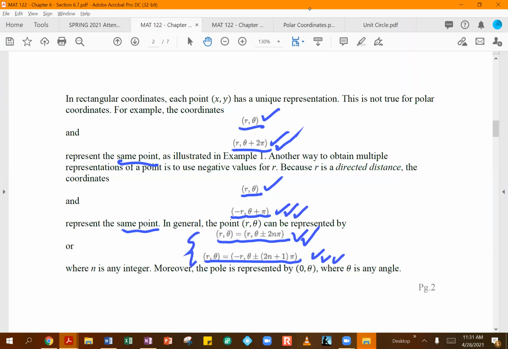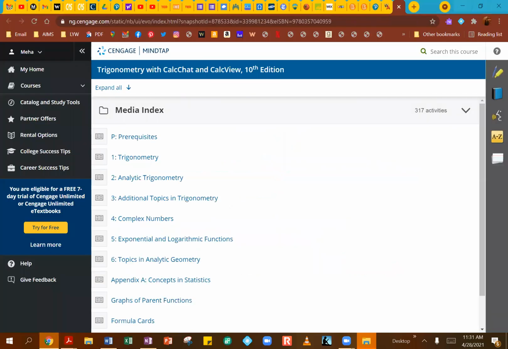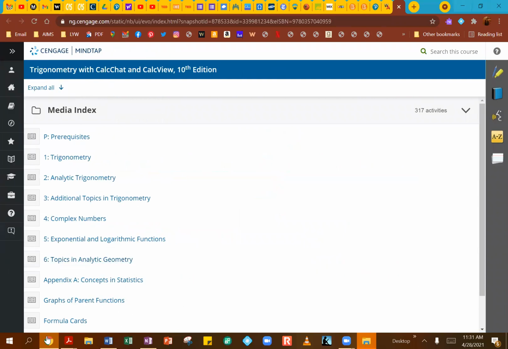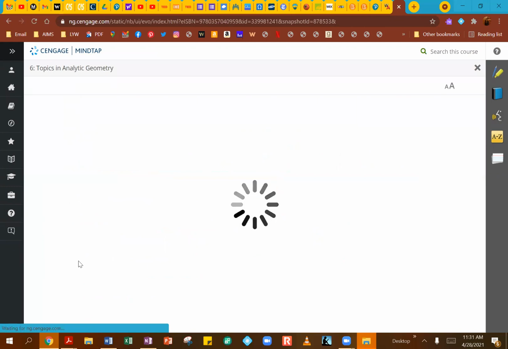You can see both give us the exact same point, but the angle is what changes. This is what we will be using in our first example, because they're going to ask us to plot the point and also find multiple representations for that same point.